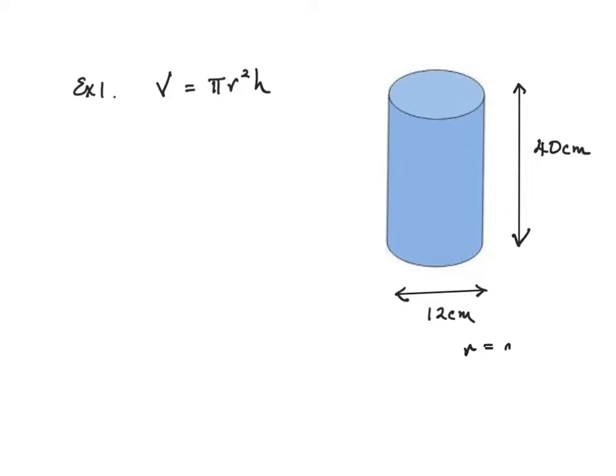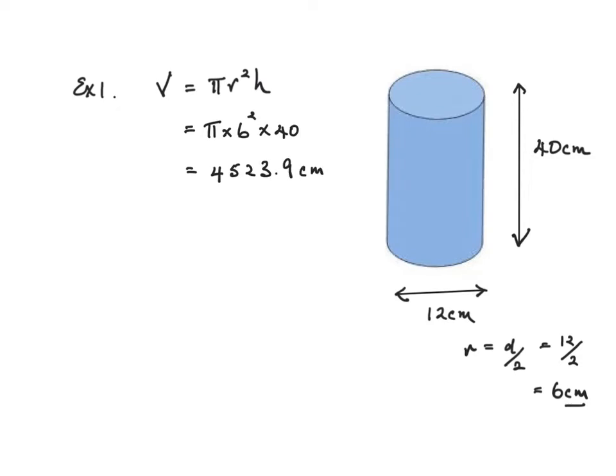The radius is the diameter divided by 2, so 12 over 2 gives us a base radius of 6 centimetres. So pi times 6 squared times the height of 40. That gives us a value of 4,523.9 centimetres cubed.